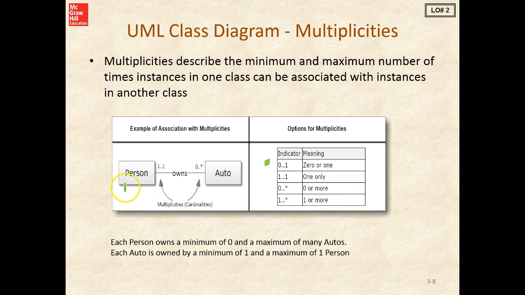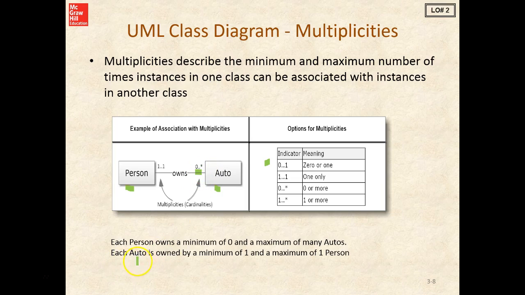So if we're talking about a relationship between a person and an auto, and we're thinking about the person on the left-hand side and maybe like a registration on the auto side, we know that each person owns a minimum of 0 and a maximum of many autos. So a person could own 0 or they can own many autos.